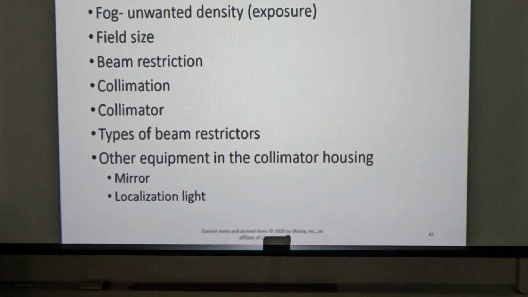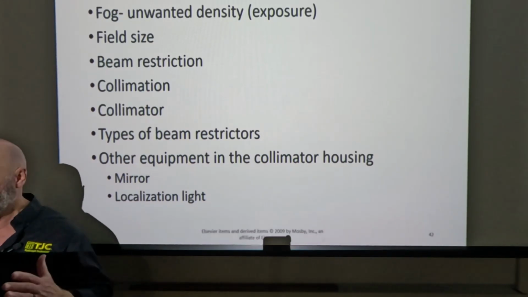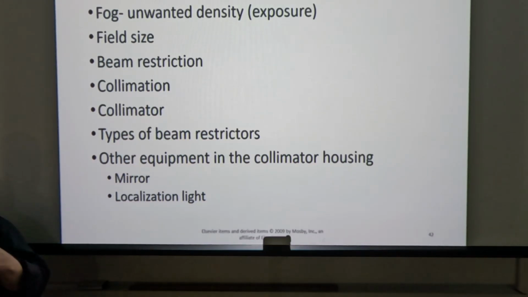All right, so those are your types of beam restrictors. Other things inside of the collimator housing, we talked about this last semester. There's a mirror, and there's a light, and the light is offset. And if you remember, two things about the light and the mirror, well, really three things. The mirror provides some level of inherent filtration, right?